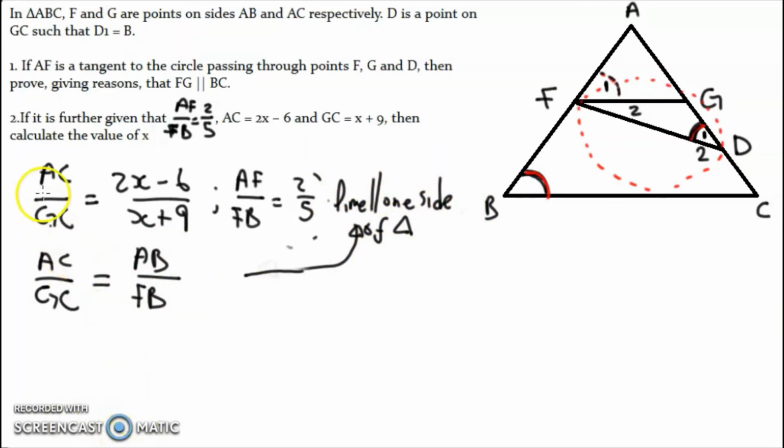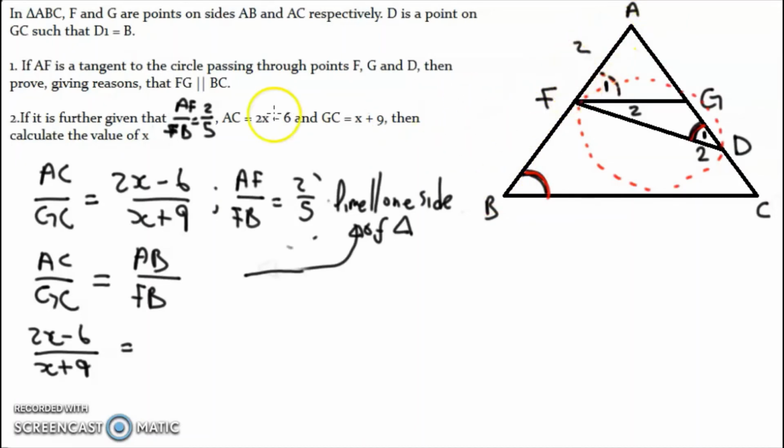Okay, so now we can just substitute values here. So AC is known to be 2x minus 6 over GC, which is x plus 9, and AB is equal to, where is AB? Okay, we are not given AB, but we know what AF and FB are.